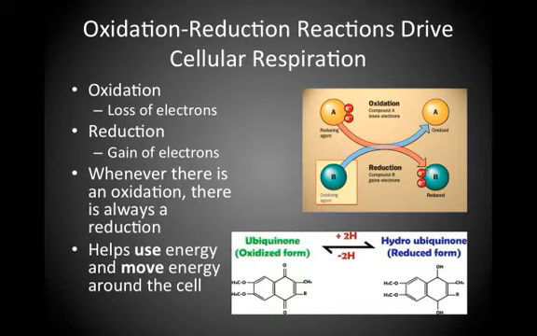So what we're going to be doing is carrying electrons on these things called electron carriers, and allowing those electrons to move to other molecules so that they can be moved to different places. Now, when molecules put electrons on other molecules, they're called the reducing agents, and the molecules that are taking electrons from the reducing agent are called oxidizing agents.